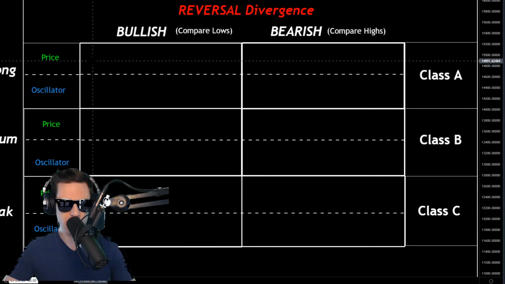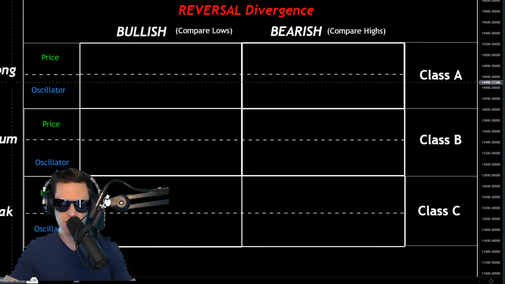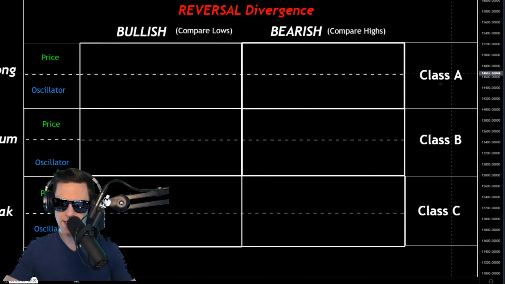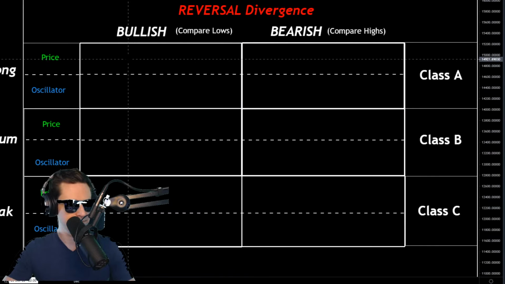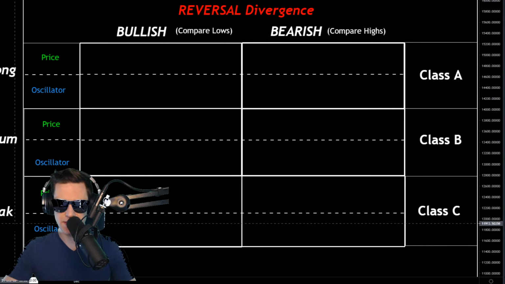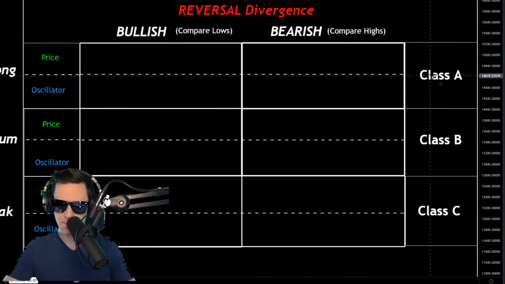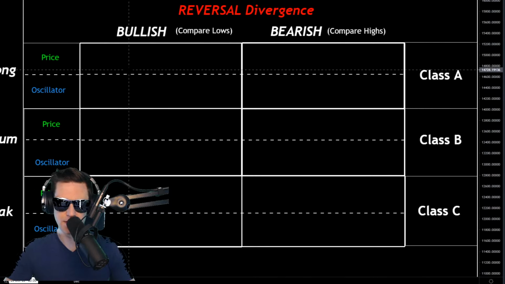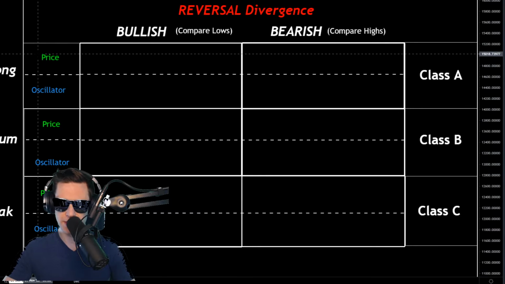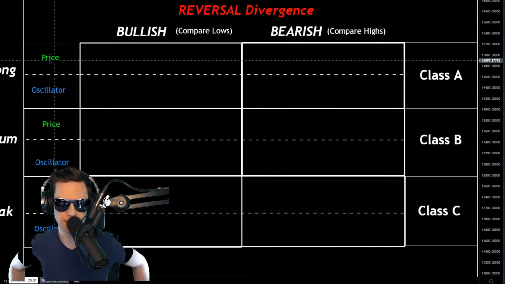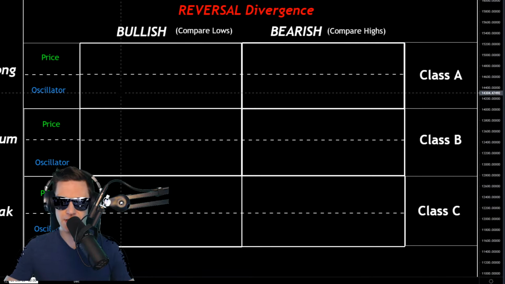So let's start with the first one, strong divergence, or you may hear people refer to it as Class A divergence. Each type of these divergences that we'll go through, strong, medium, and weak, Class A, B, and C, are a relationship between the asset's price and what the oscillator is showing.